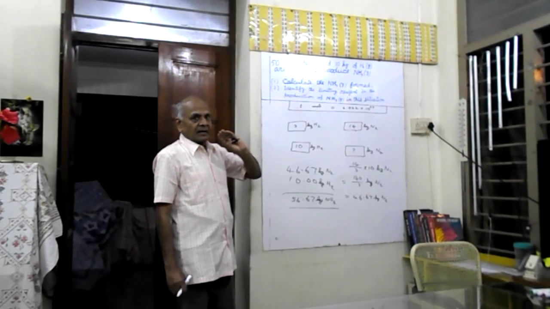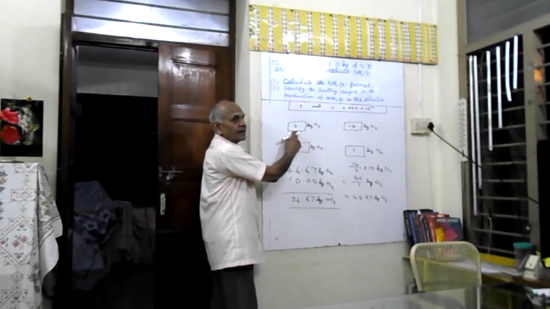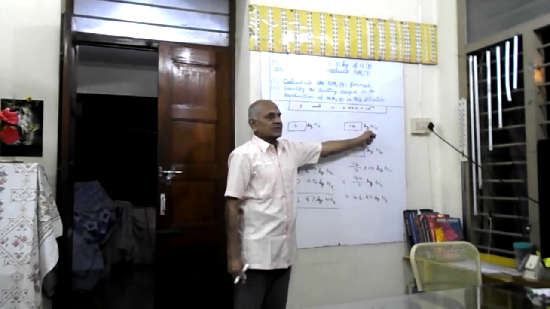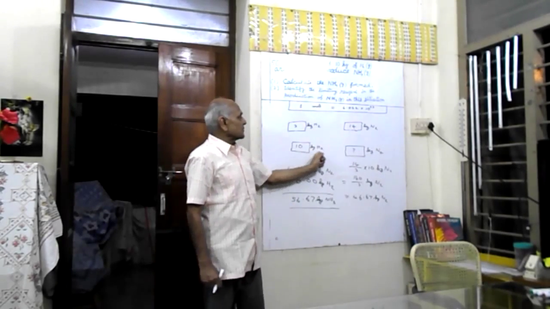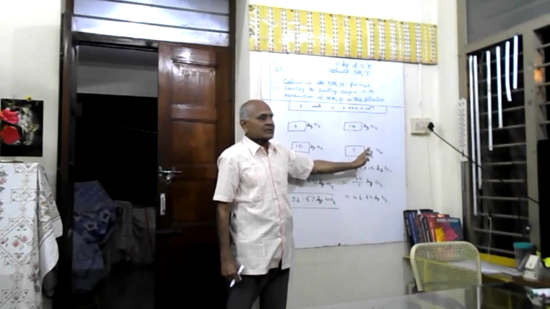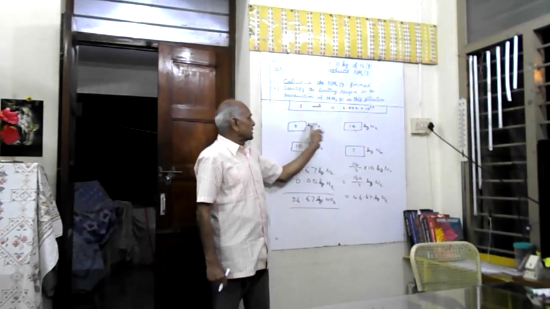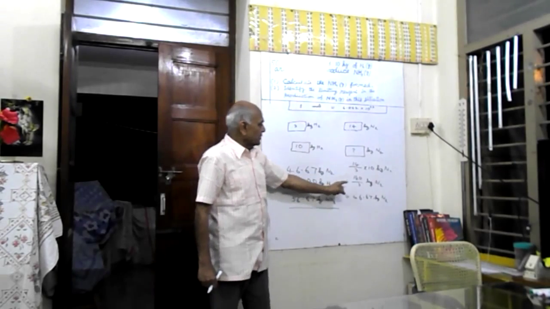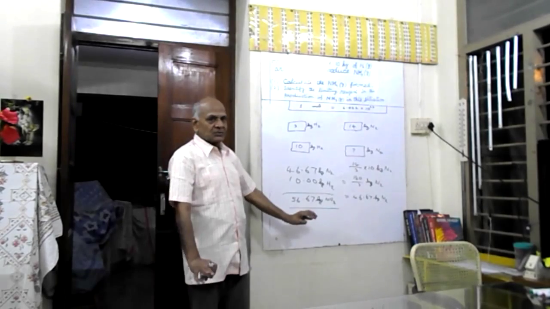What we did, I will go through again. 3 kilograms of hydrogen combines with 14 kilograms of nitrogen. Then 10 kilograms given here. 10 kilograms of hydrogen will combine with how many kilograms of nitrogen? We used 4-box method, 14 divided by 3 into 10, and we got 46.67 kilograms of nitrogen. So simple.